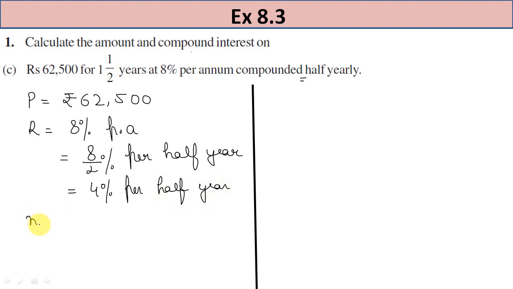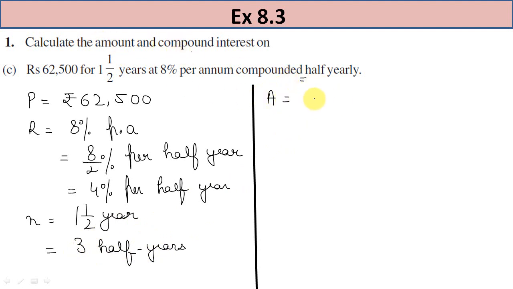And the time given is 1.5 years. And we know that in 1.5 years there are 3 half years. Is it clear? We have halved the rate, and in time you saw it is 1.5 years, so how many half years are in 1.5 years? 3 half years, right?